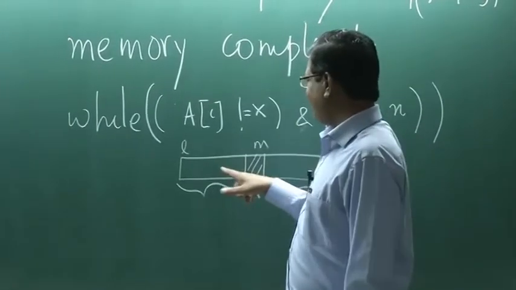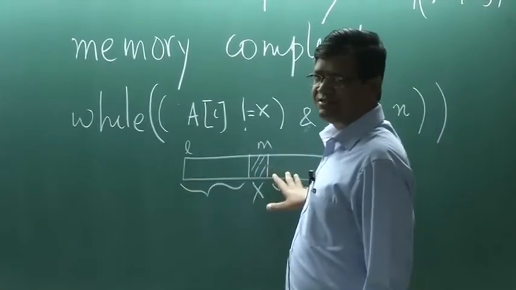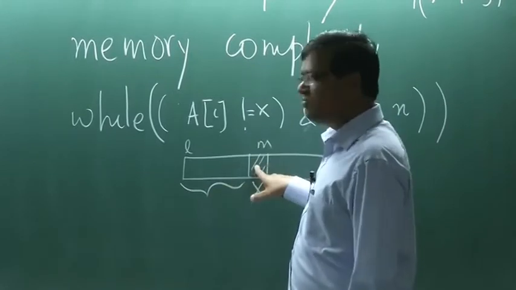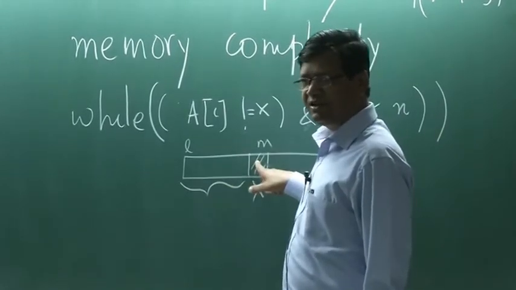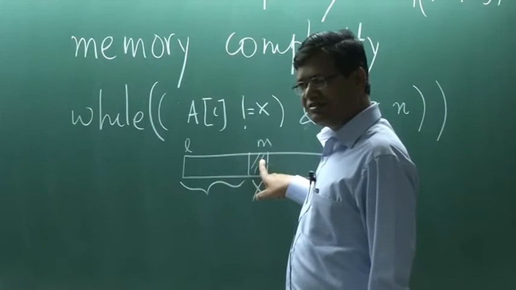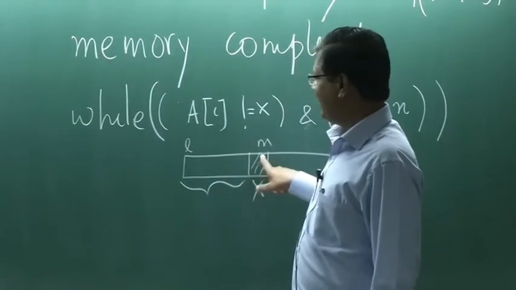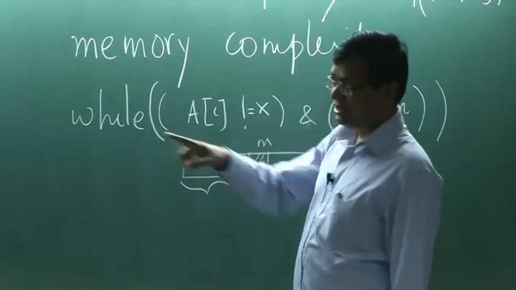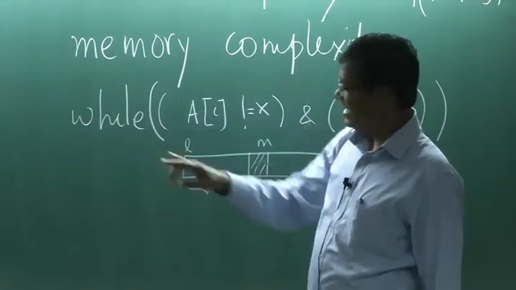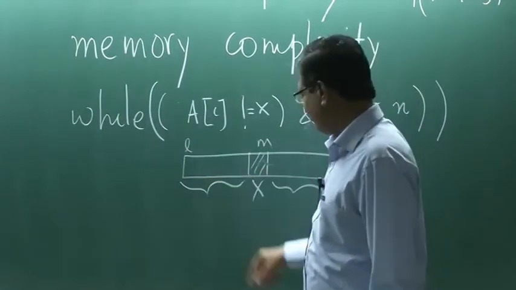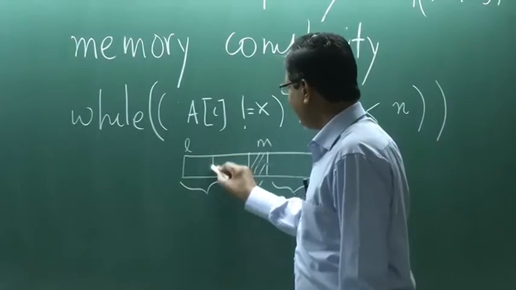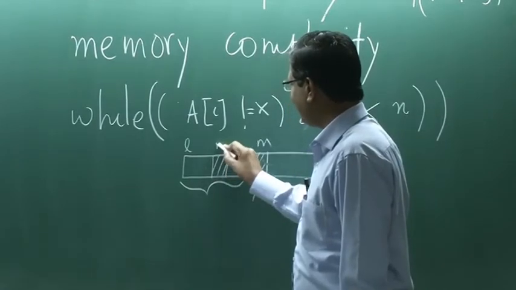Let us say x exists inside, so you will find the middle and compare this number. If it is not equal, then it will go to the left or right depending on that condition. Now if it is in the left, then again it is going to create another mid, M prime.